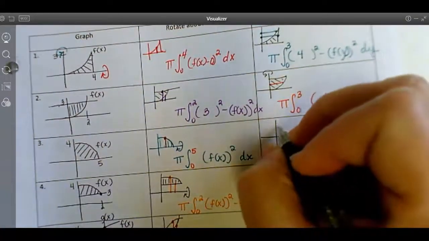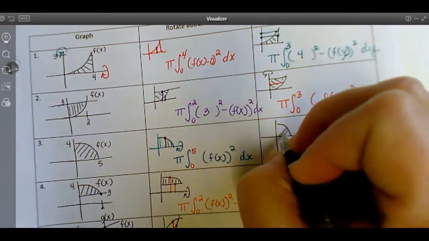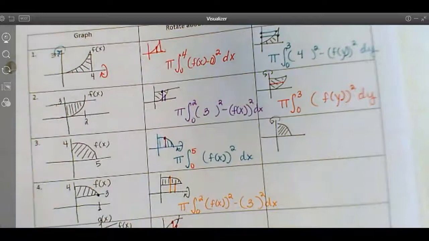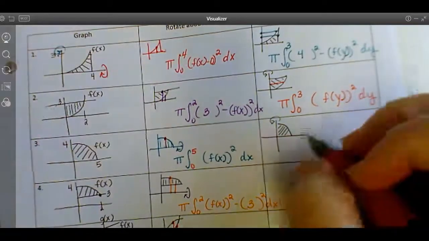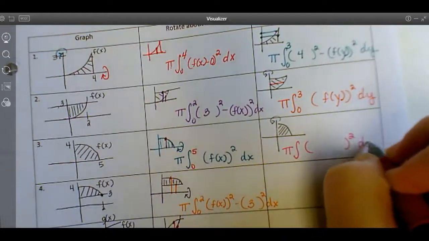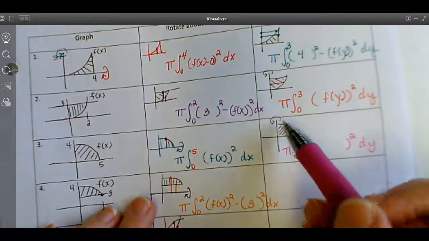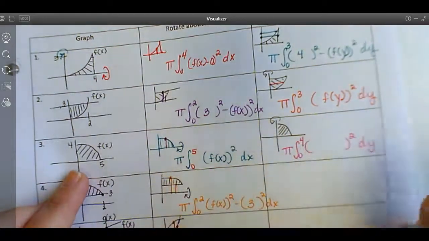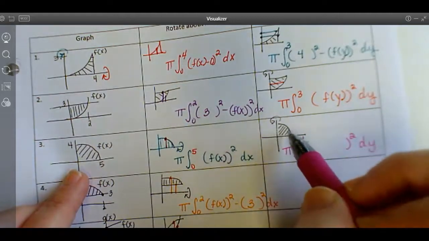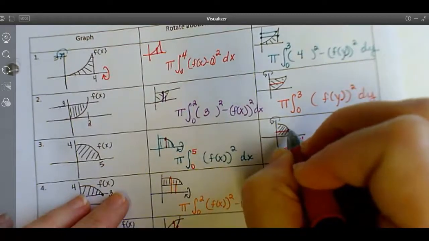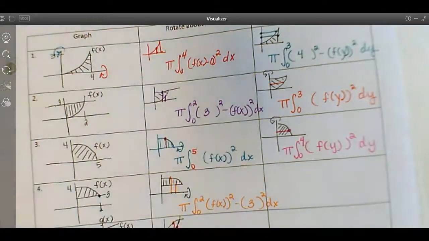So the next one, we have a graph looking like this, going around the y-axis. It does not appear to have a hole, so I think it's just going to be one thing squared. We're going around y, so it should be 0 to 4. And when we rotate that, that is just the function, so just f of y, because we're coming from where you're rotating to the outside.